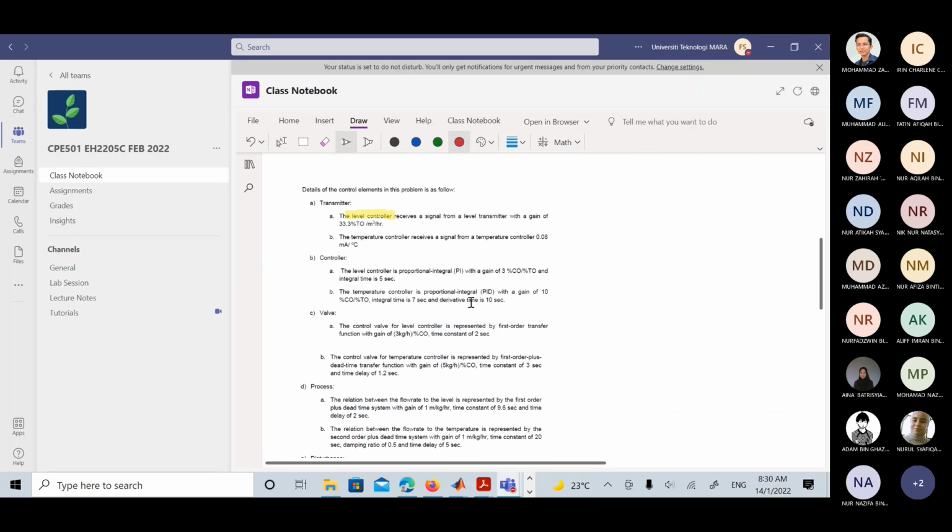So level controller, the information given is the level controller is the PI controller with a gain of 3 percent CO over percent TO, and the integral time is 5 seconds. So what is the symbol of the integral time? T? T apa? T I. Okay.